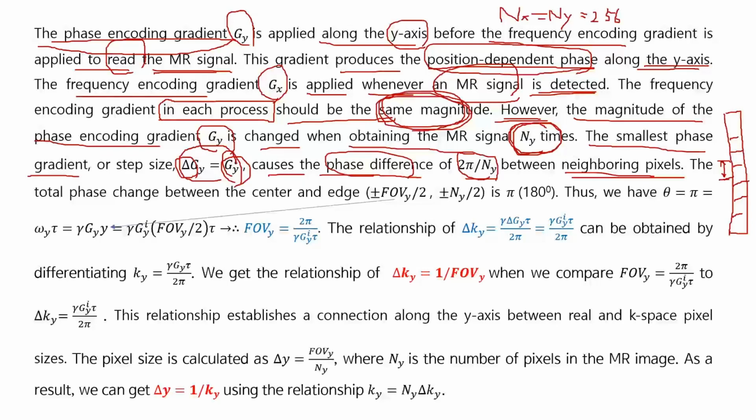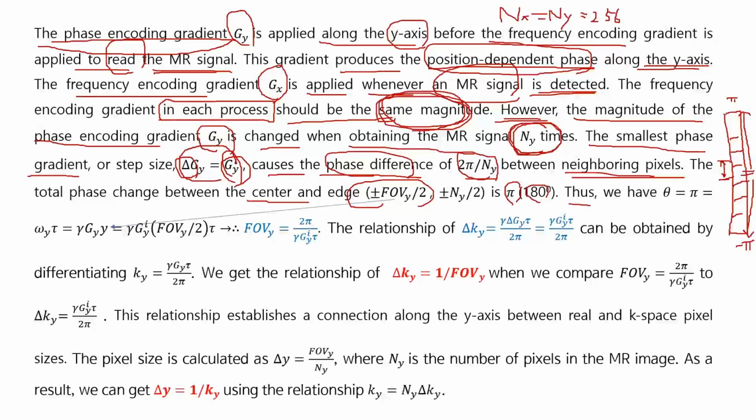The total phase change between the center and edge is 180 degrees. The center and edge here is pi, and there, another edge, minus pi. So the total phase difference from edge to edge is 2 pi. Center to edge phase change is pi.